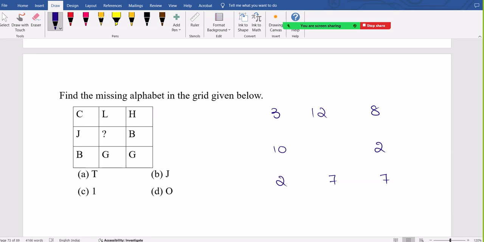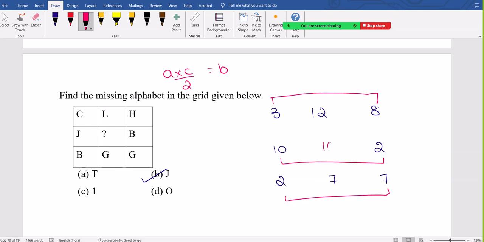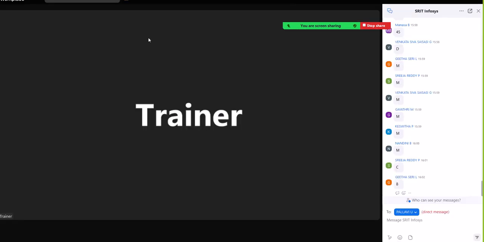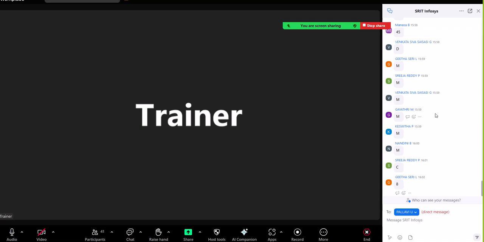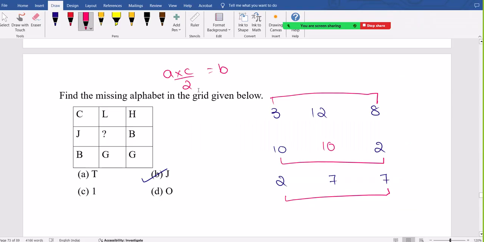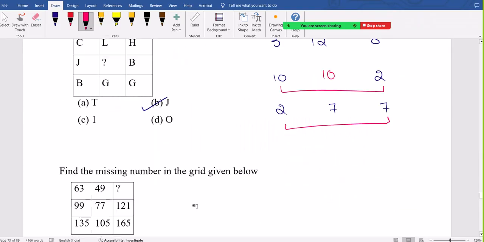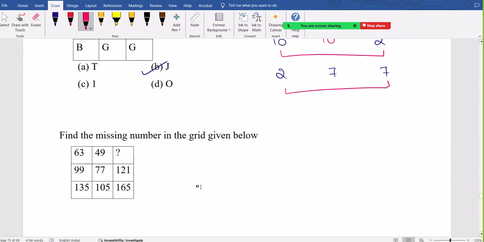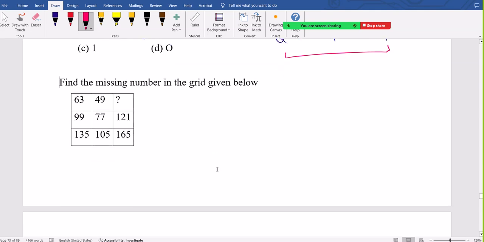Yes, it's J, right? 3 into 8 is 24, divide by 2. First column, last column multiplication, then divide by 2. See, different types of typical questions we are looking into. And this question again, you people have a good learning.